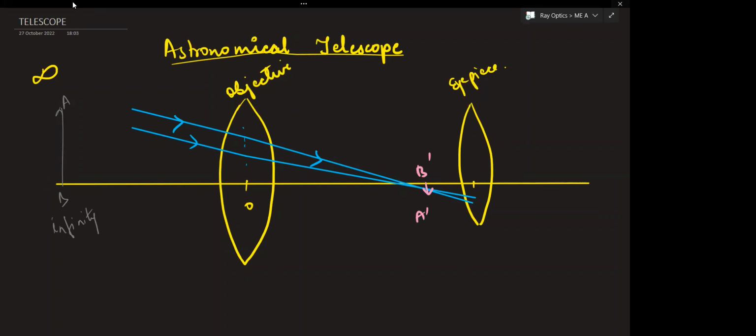Now the rays will be extended. These will fall into the human eye.